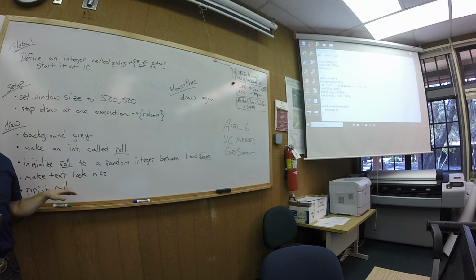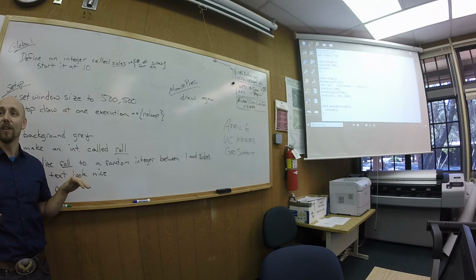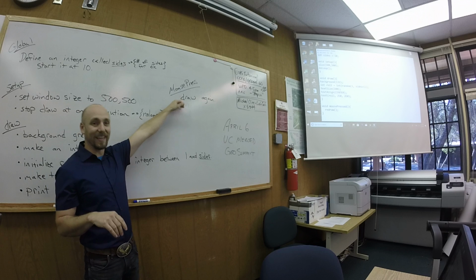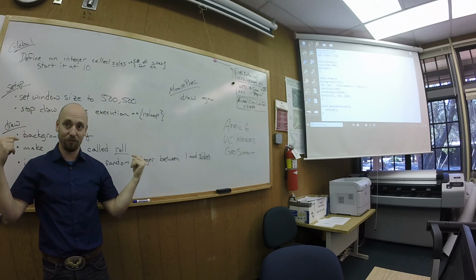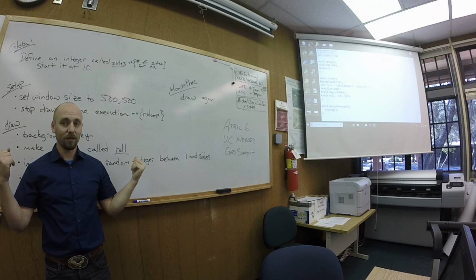Then when you mouse press, it turns no loop off, or turns loop on. Then when it runs through and randomizes, it turns no loop on again and resets the boolean. I've seen a couple of you do little hacks like that, and it's totally fine. There's way more than one way to get it to do the draw again, which is why this is pseudocode and not actually code. You guys kind of with me on that?